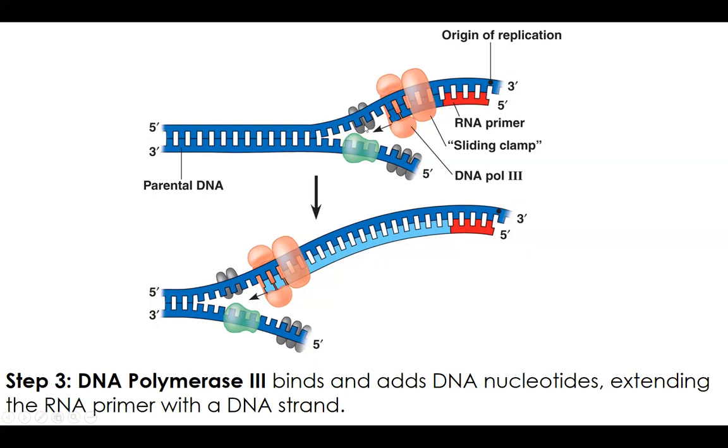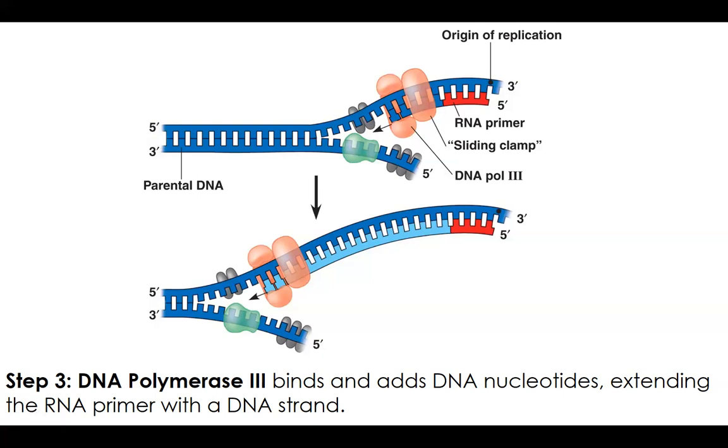And it is going to be synthesizing new nucleotides. Aside from matching up the complementary base, notice it's also sealing that sugar phosphate backbone. Enzymatically, aside from matching the nucleotide to the complementary base pair, it is creating phosphodiester bonds. That is the bond that is going to be present in the backbone of DNA.